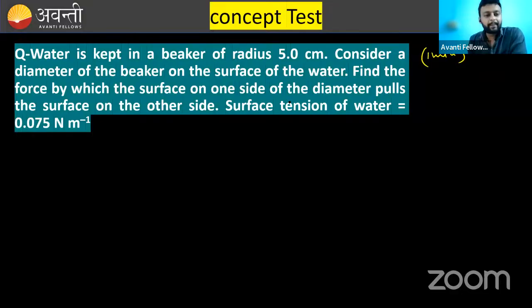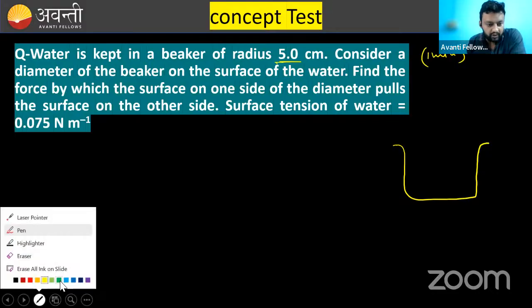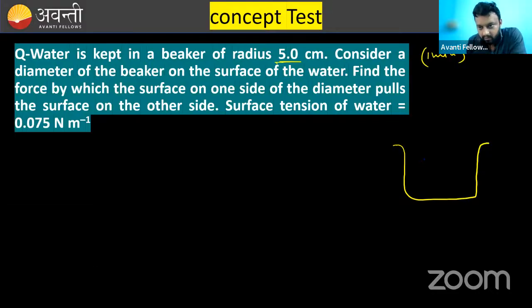Okay, let's read the question. Water is kept in a beaker of radius 5 centimeter. Let's draw a rough diagram. This is a beaker in which water is filled like this. The surface of the water will look like that.